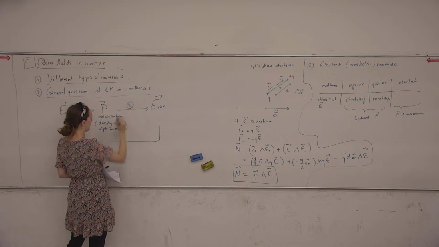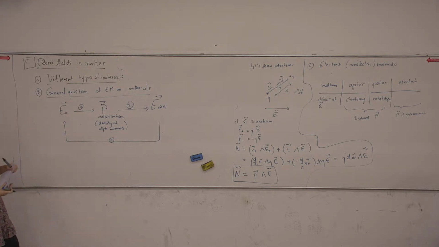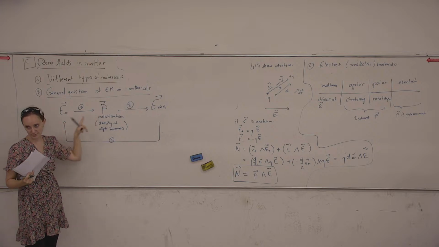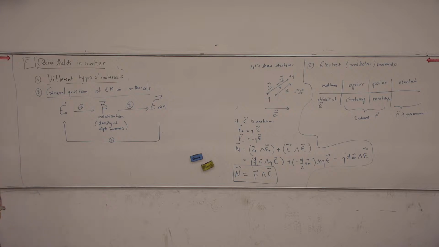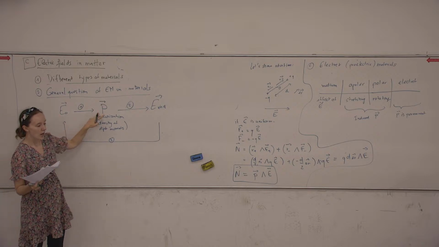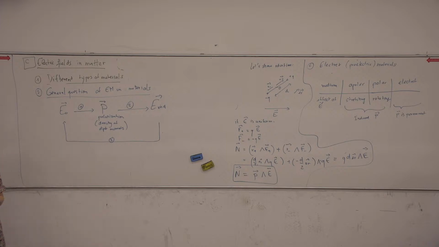Now, if I give numbers to each of these things, what we did until now was to talk about one. When I described the different kinds of materials, I said, for several types of materials, I'm applying E0. How will it affect the polarizability, the dipole moment of the material? This is what we did in the last half hour.